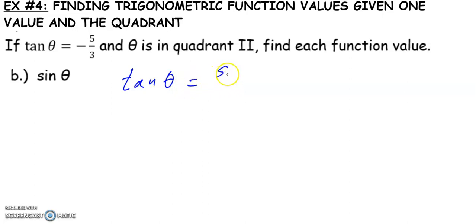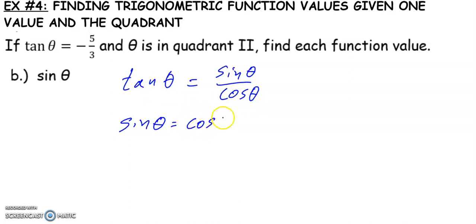Tangent theta is sine theta over cosine theta. Well, let's get sine by itself. So sine theta, I'm going to cross multiply. I'm going to do cosine theta times tangent theta.